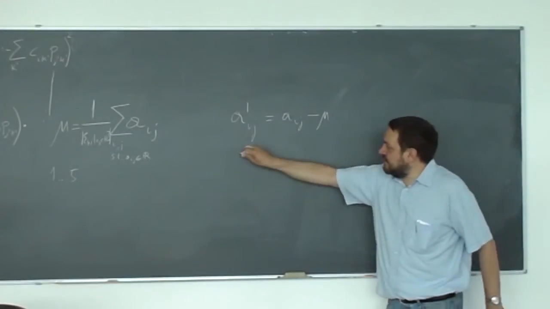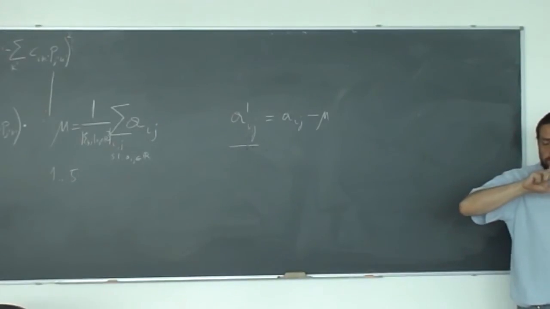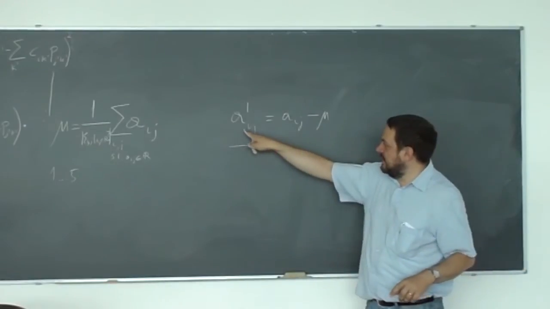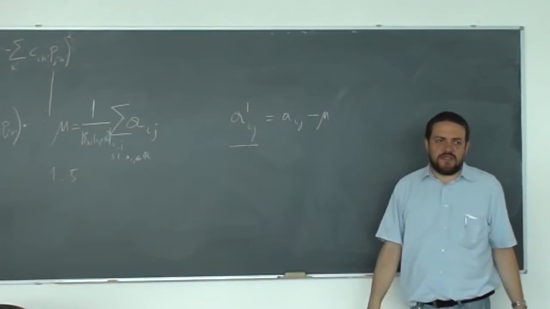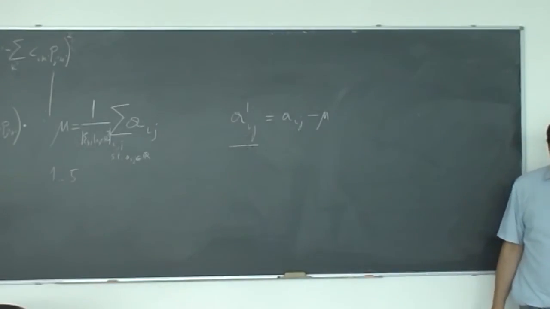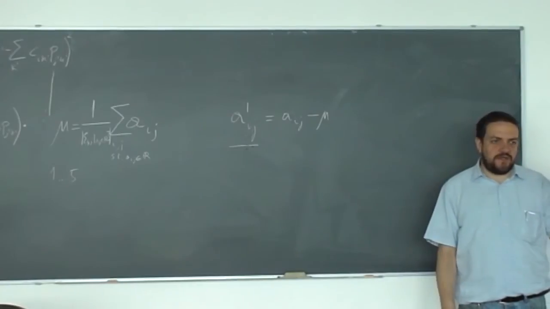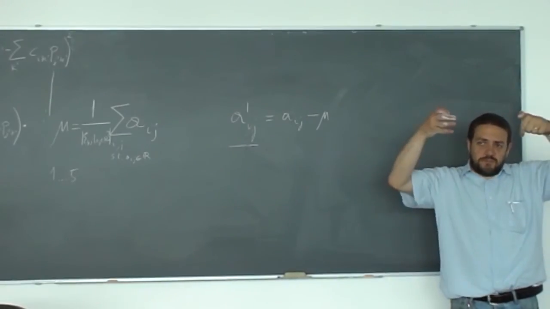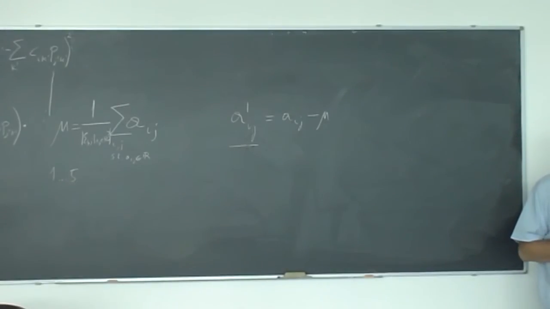The advantage of considering this is that it's centered around 0. A prime ij is equal to 0 when the vote is precisely the average. It's above 0 if the vote is above average, and it's below 0 if the vote is below average.